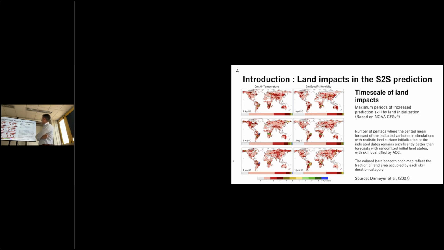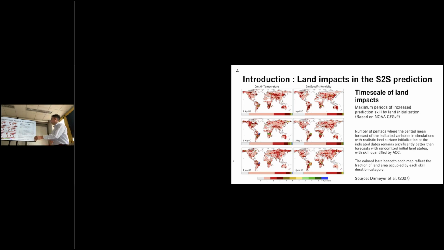Of course, these maximum periods are different for various regions or seasons, and it's also different for variables like 2-meter temperature versus humidity. But basically, this figure shows in some areas we have a longer time scale, the influence of land in a longer time scale.